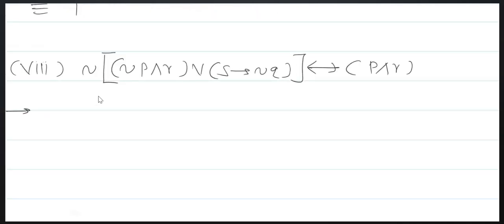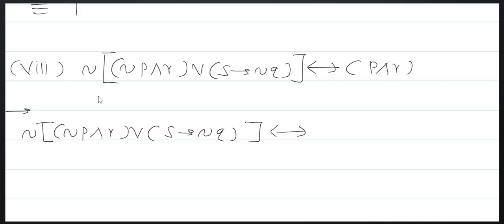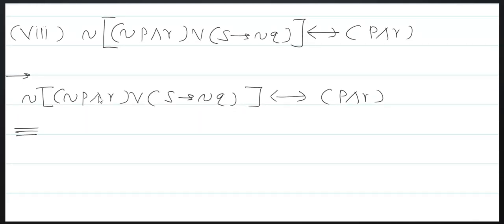Negation of, in bracket, negation of P and R or in next bracket S implies negation of Q. That bracket complete, double implication P and R. Now see this. Substitute the values.